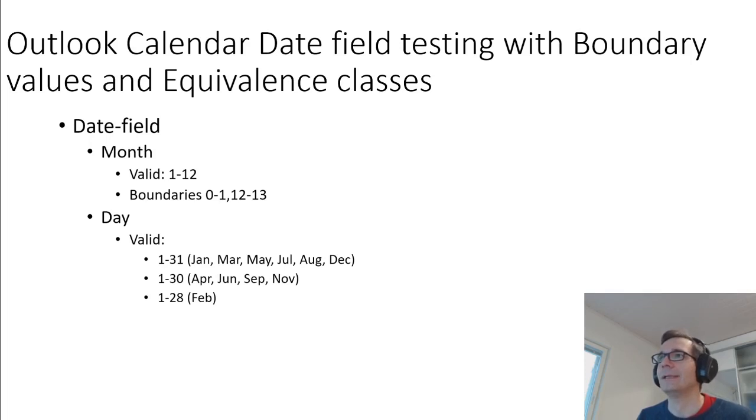So in some months you have 31 days, in others you have 30, and finally in February you have 28. Does this look like a valid or correct range for the values of the day to you? Think about this for a while.